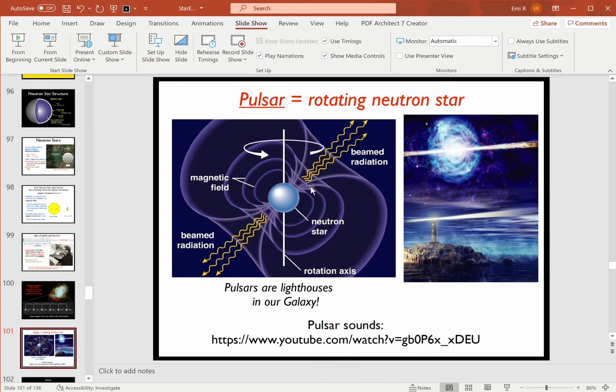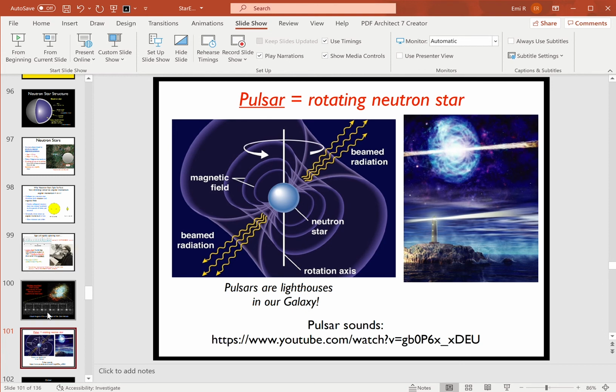It really works like a lighthouse. And we also know that those neutron stars are very magnetic. So we know it has something to do with the magnetic field that intensifies those rays of light, those beams of radiation in the universe.